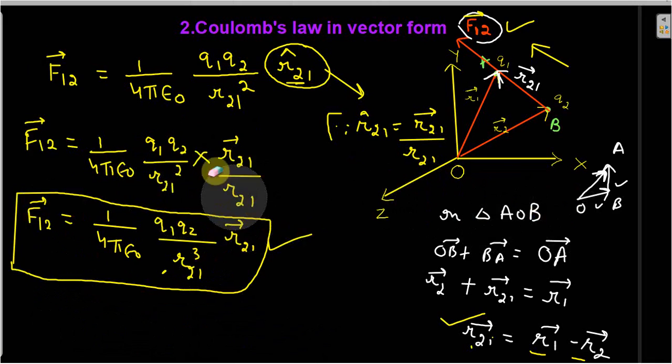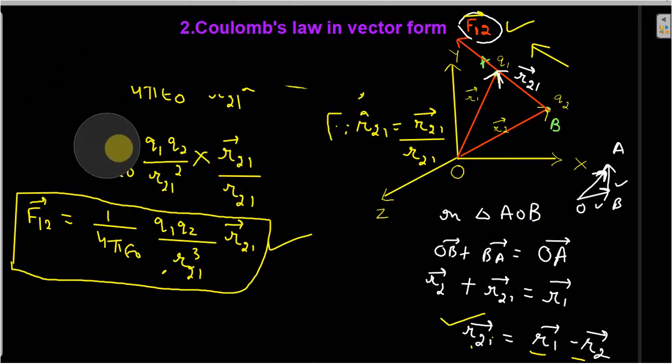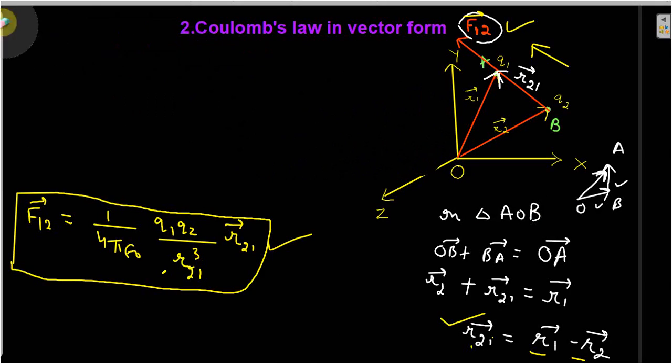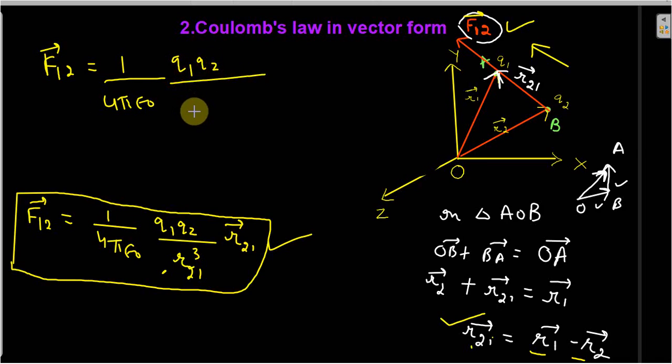I hope this is clear up to here, so I am going to write it again. So F12 is equal to 1 by 4 pi epsilon naught Q1 Q2, and R21 you can write as R1 minus R2.